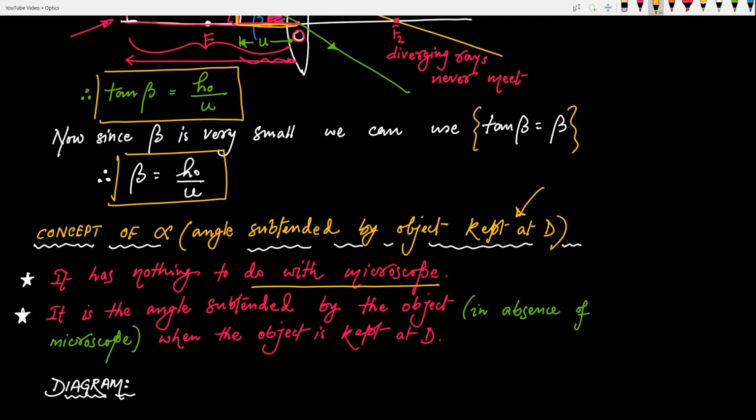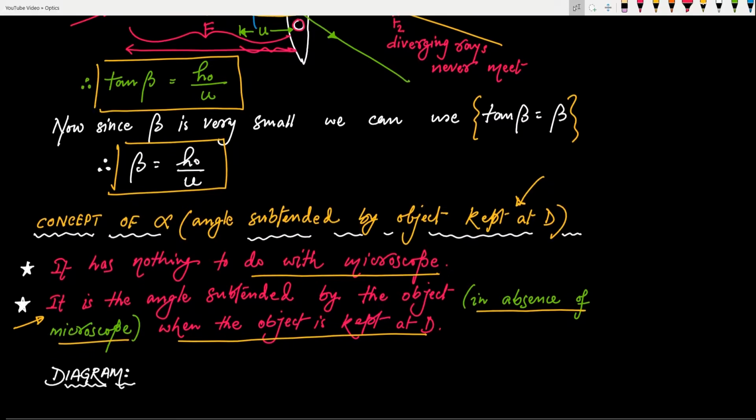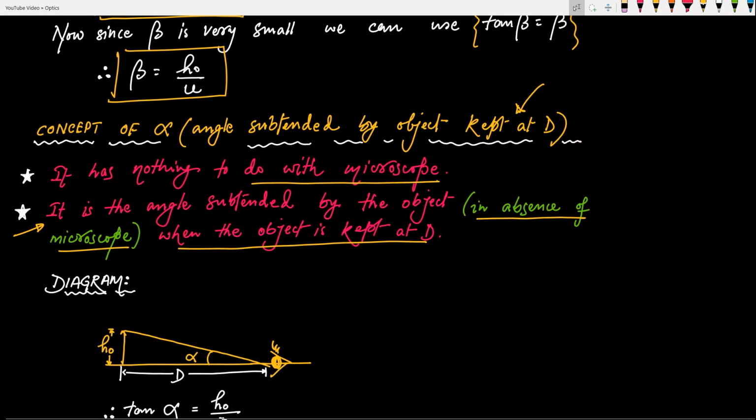It is the direct angle produced by the object at our eye without the use of any kind of microscope. I hope this is clear. Therefore, I've written it down here that it is the angle subtended by the object in the absence of microscope when the object is kept at D. So basically we can say that alpha is most of the time constant for a particular object.